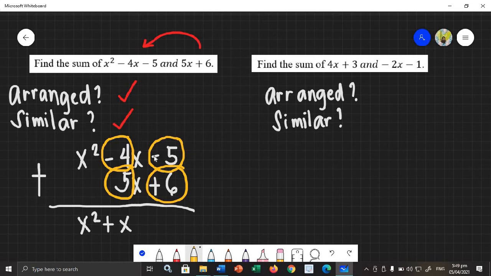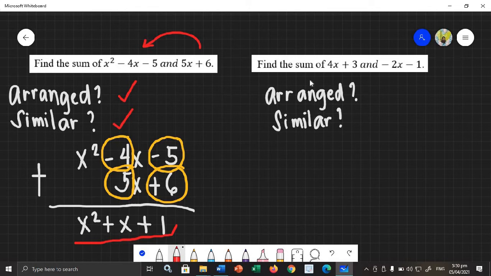So make sure po na yung sign kasama, no? So this will be actually equal to negative 5 plus positive 6. So, ganun siya basahin. So, negative 5 plus positive 6, the answer is positive 1. Negative 5 plus 6, that is positive 1. So, therefore, ang answer or ang sum ng given is x squared plus x plus 1. So, yan na ngayon yung sum mo.